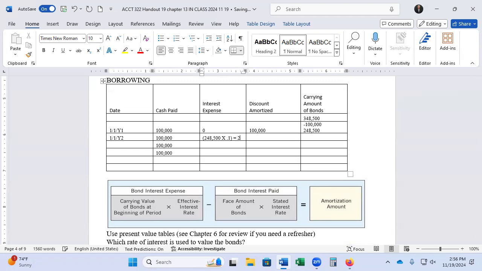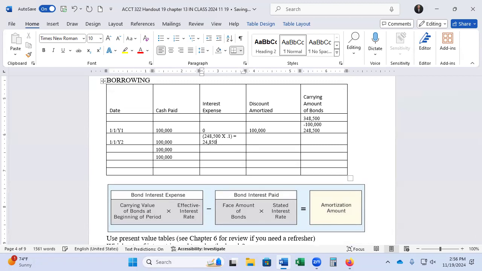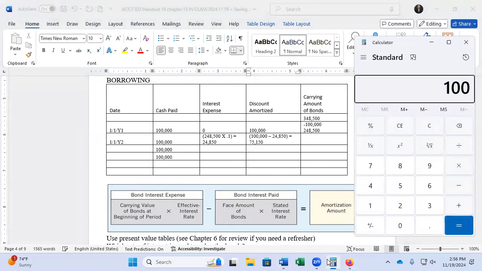And that equals 24,850. So now we take the 100,000 and we subtract the 24,850. I think that should be 75,150, but I don't have a calculator with me, so give me 1 second.